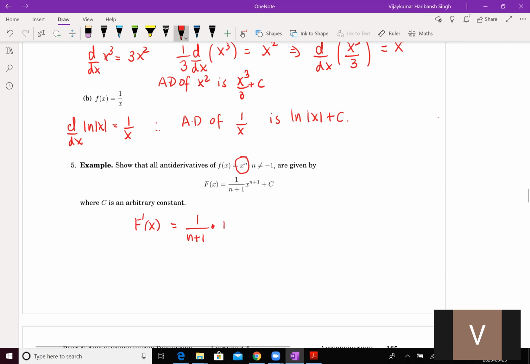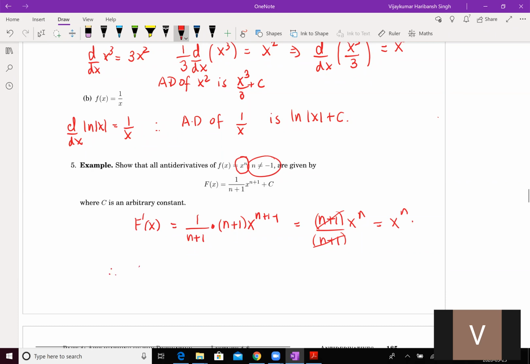The derivative of x to the n plus 1 is n plus 1 times x to the power n plus 1 minus 1. And the derivative of the constant is 0. So you get n plus 1 upon n plus 1 times x to the n. And these are not 0, right? Because n is not -1. So you have x to the n.